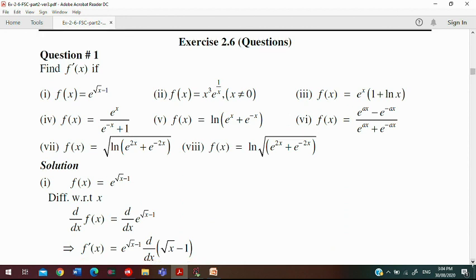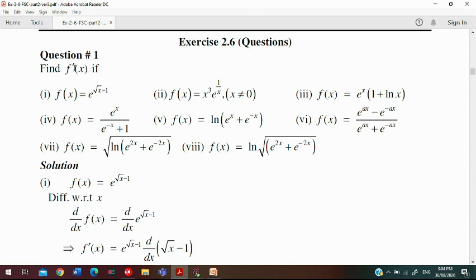The exercise is at page number 85, not 85, the exercise is at page 89. So please open your books and see page number 89, exercise 2.6, in which question number 1 is: find the derivative.